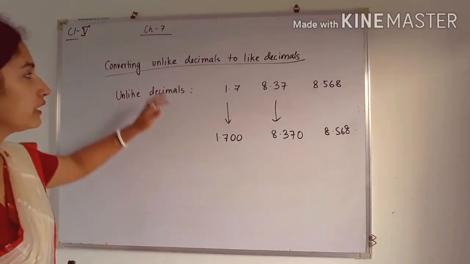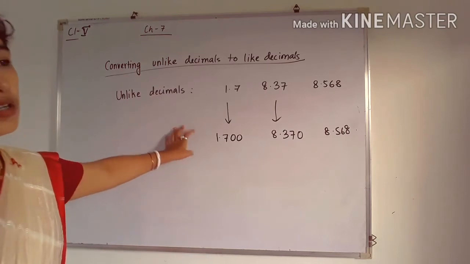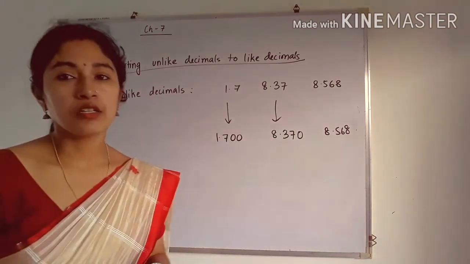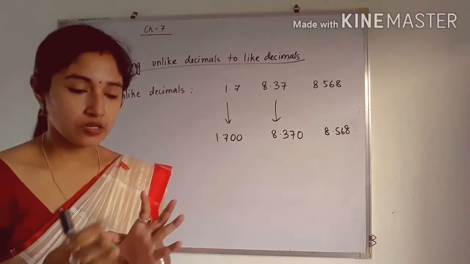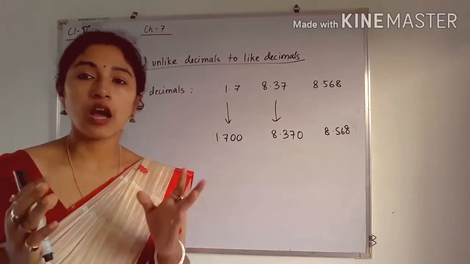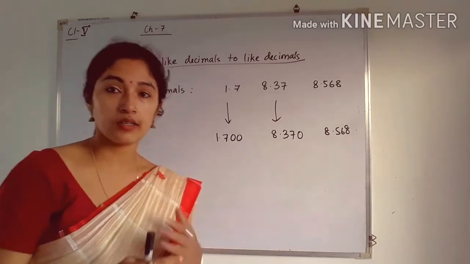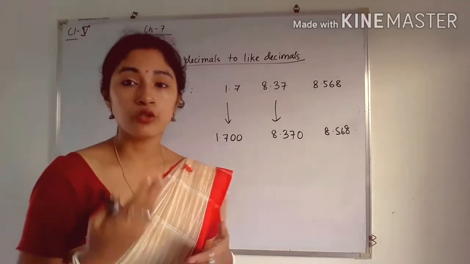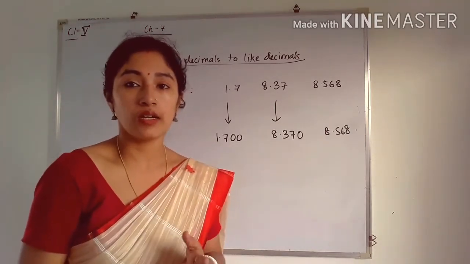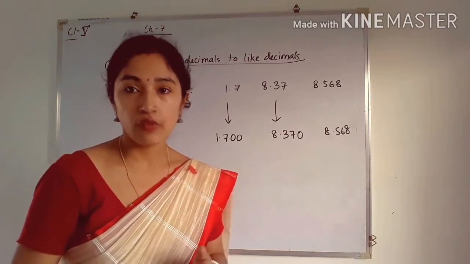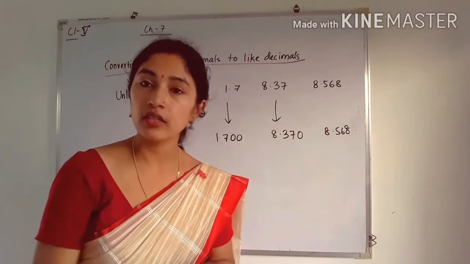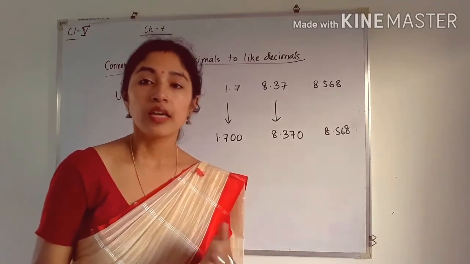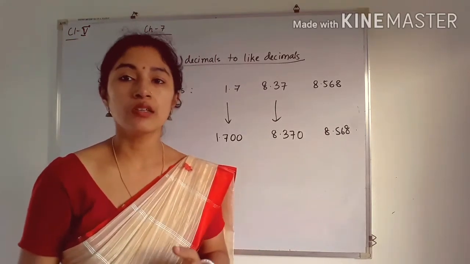So why do we need this topic? See, for example, in fractions we have studied how to compare unlike fractions, how to know which fraction is greater than which. Okay, how to know which one is greater or smaller in the case of unlike fractions. First of all we have to convert them into like fractions, then we can easily say which one is greater and which one is smaller.